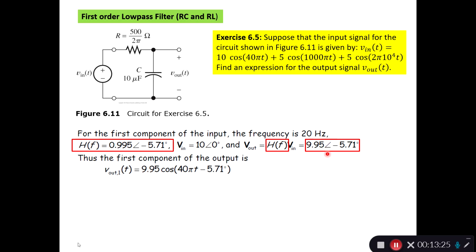So I take my phasor amplitude here and place it in front of the cosine. I know I have 40πt here, and then the phase shift of minus 5.71 comes here. So that's the answer to this part. Now I'm still lacking this and this, but these are solved similarly.